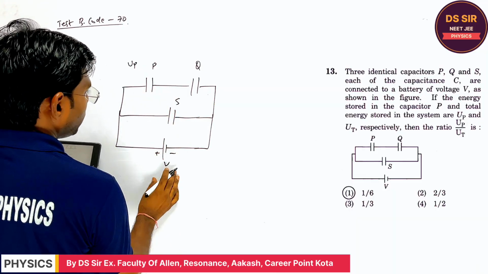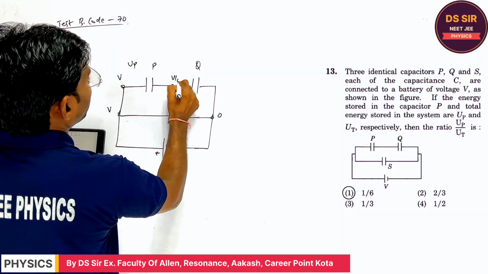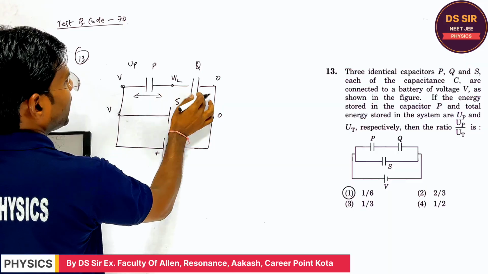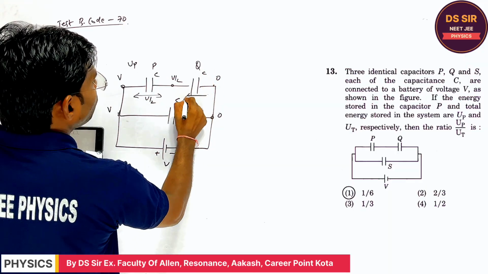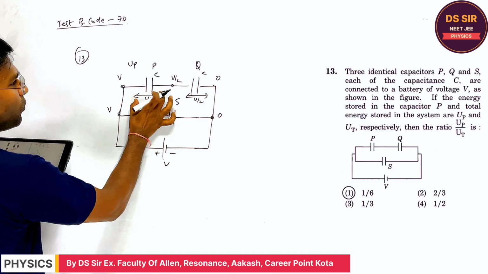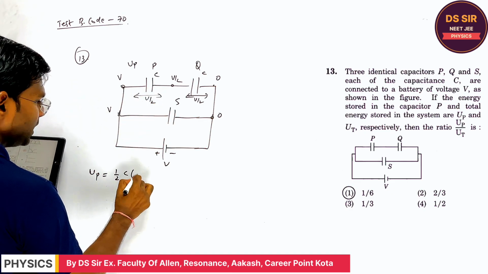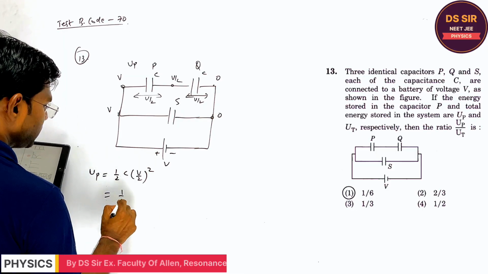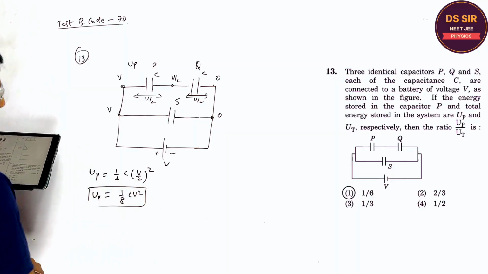If this is the V volt battery, the potentials are V, V by 2, and 0. Both capacitors have capacitance C, so the potential drop across each will be V by 2. The energy of this capacitor P is half C V square, where V is V by 2, so it is 1 by 8 CV square.